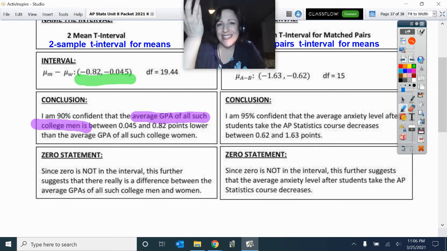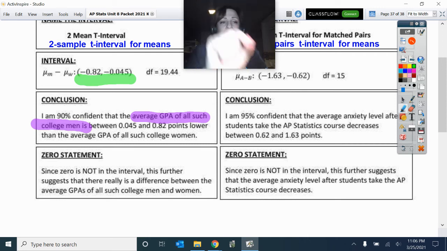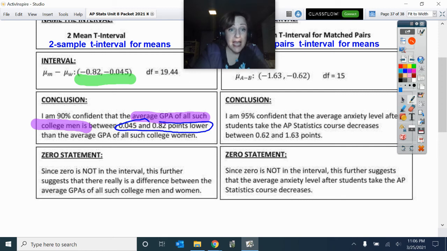So I stated them from least to greatest. So the average GPA for the men was between 0.045 and 0.82 points lower. So this is really important. Do this. We didn't use negatives, and we did it from least to greatest. And we said the GPA for the men was lower than the average GPA for all such college women.